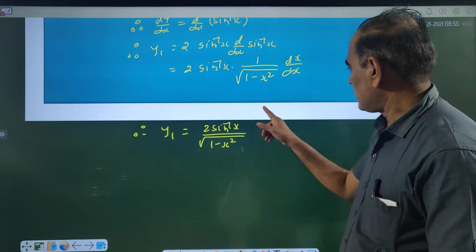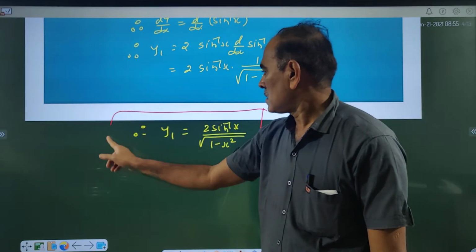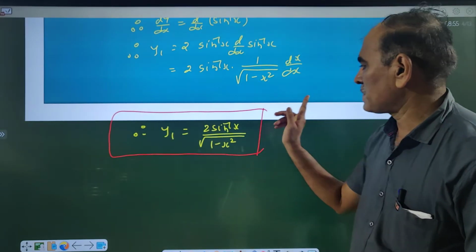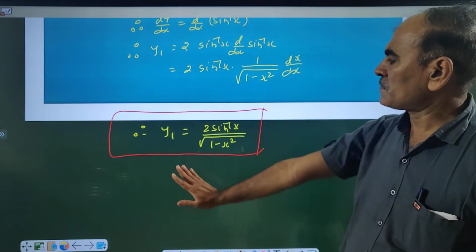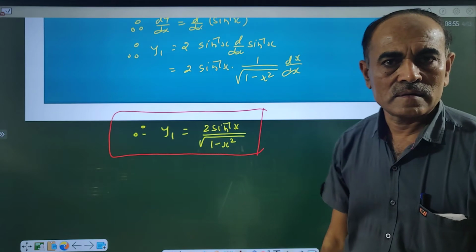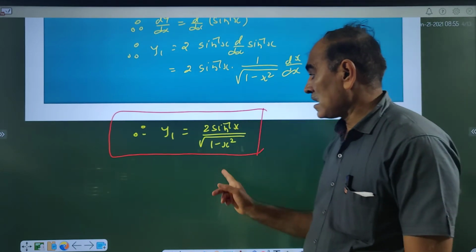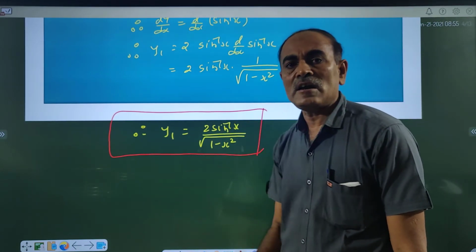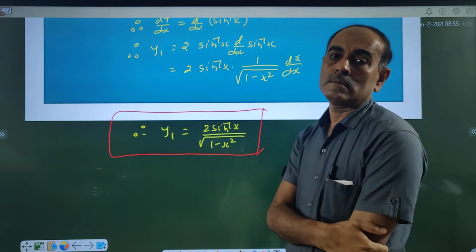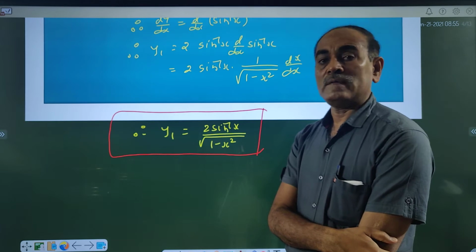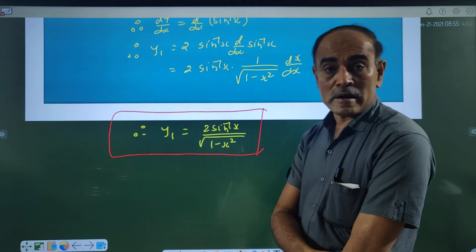See, whenever inverse trigonometric functions are given to us, then find the first derivative in this way. Then for the second derivative, we are not going to apply the division rule. Then one question arises: how do we avoid the division rule?